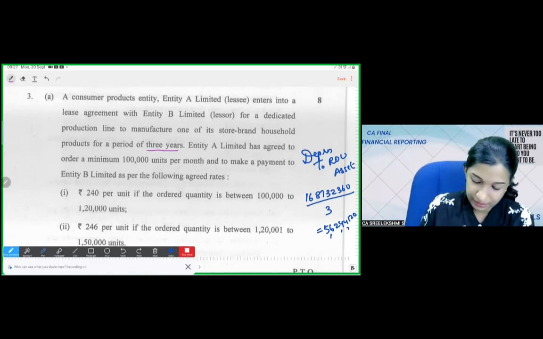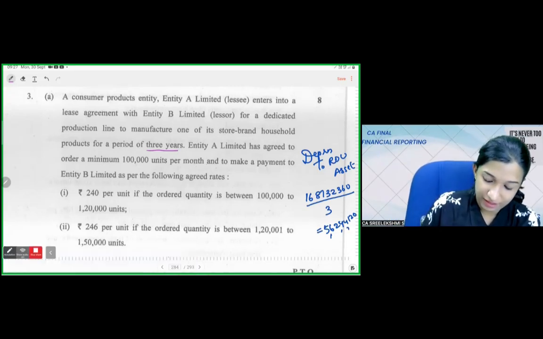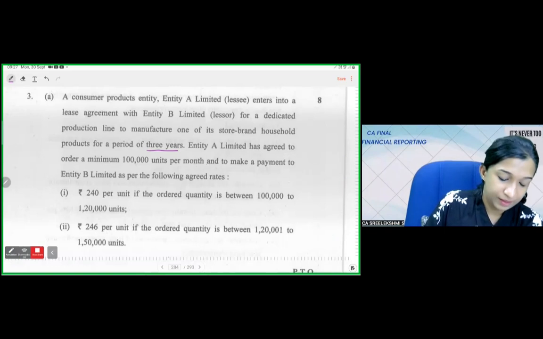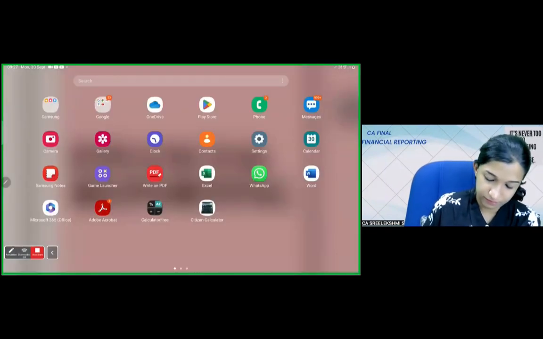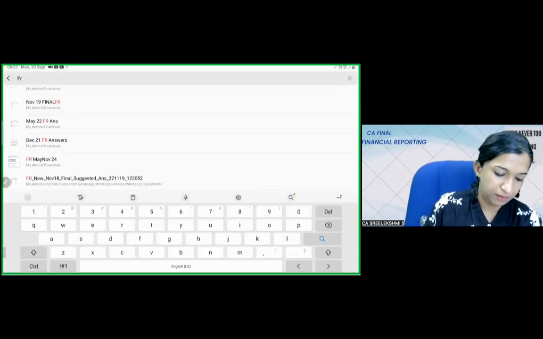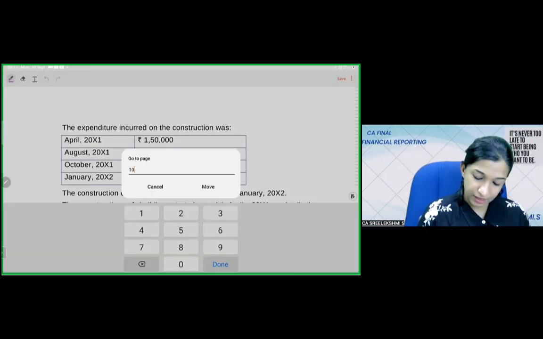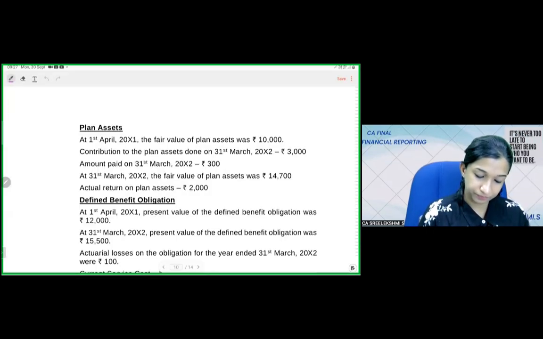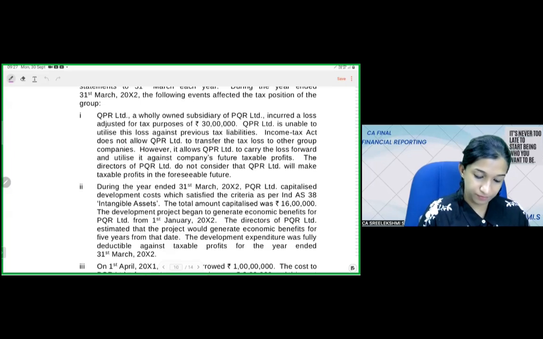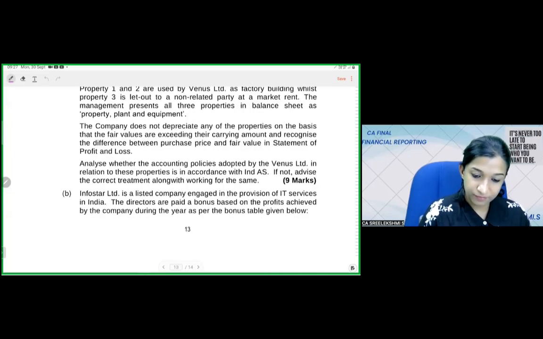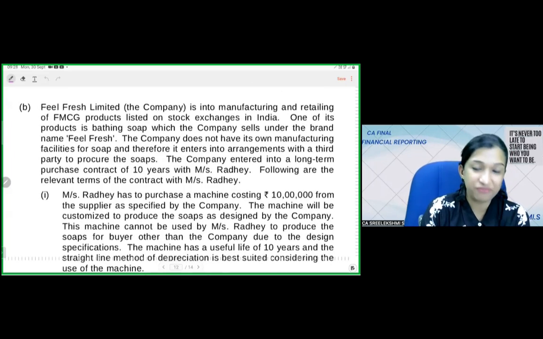In the MTP, there is a very good question this time. Question 5B. Can I read this? Question number 5B.